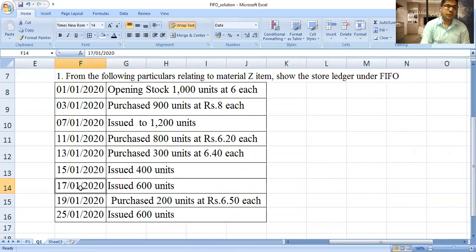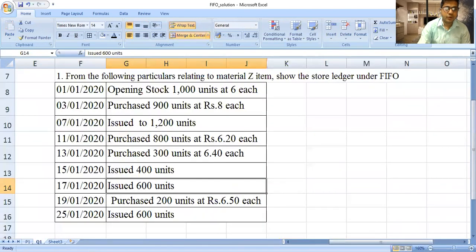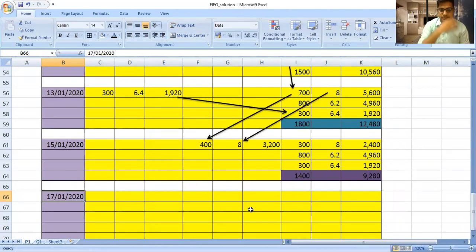On 17/1/2020, what they do, they issue 600 units. So we will write here 17/1/2020. How many units sold? 600 units. Now our method is first in first out.